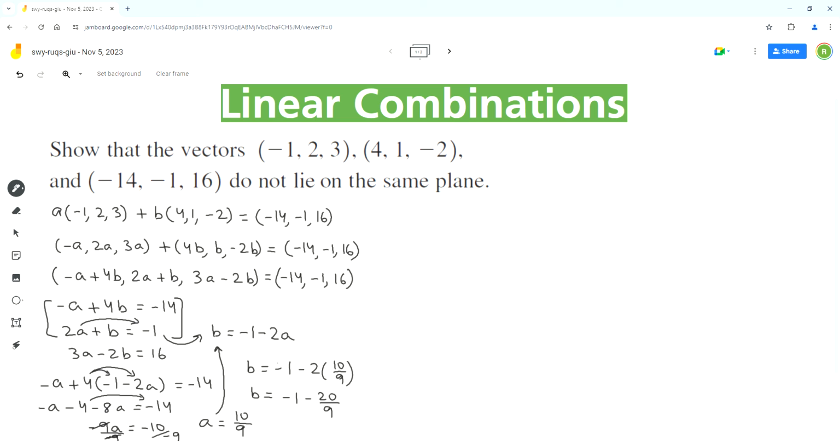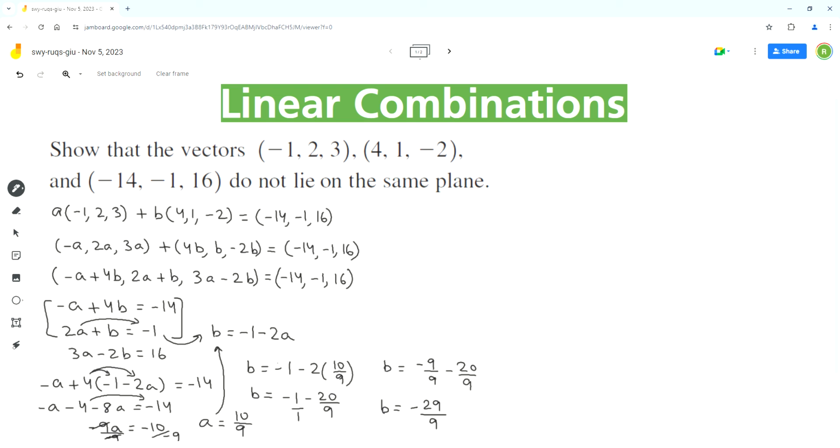Now we can combine -1 and -20/9 by finding a common denominator, and the denominator of 1 is 1. So the common denominator is 9. So we'll multiply both the numerator and the denominator by 9. Now we can combine the numerator terms. So -9 minus 20 is equal to -29 over 9. So this is the value of b.